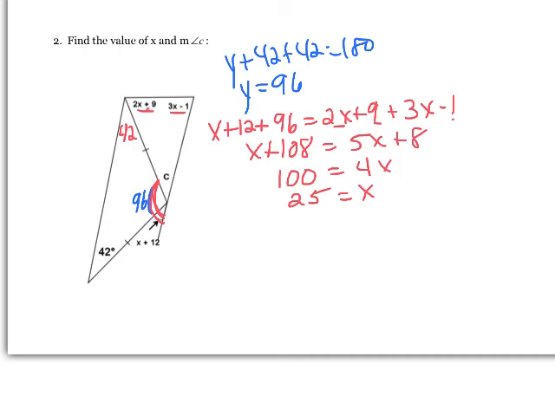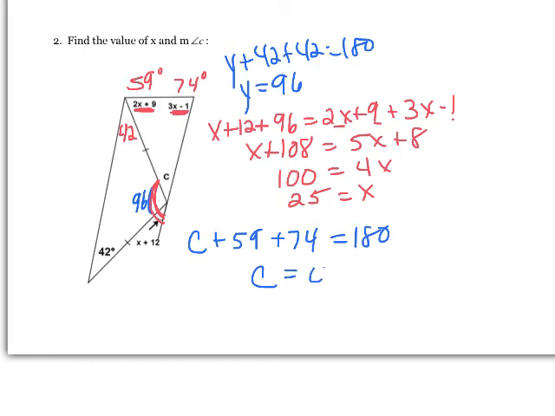Now I can find the numerical value for this and for that. 2x is 2 times 25, which is 50, so this is 59 degrees, and this is 74 degrees. Finally, because the sum of the angles in a triangle add to 180, C plus 59 plus 74 is equal to 180. Subtract those values from 180, and you end up with 47 degrees.